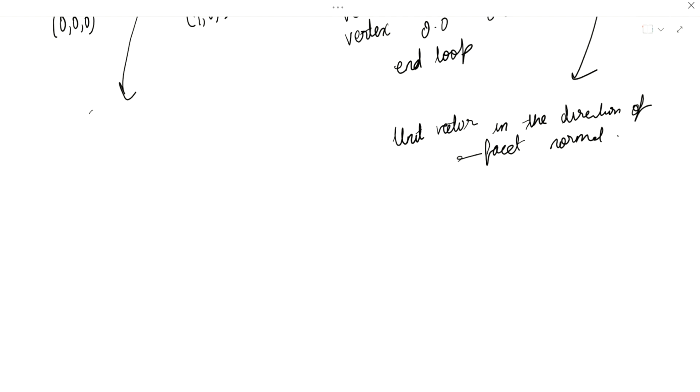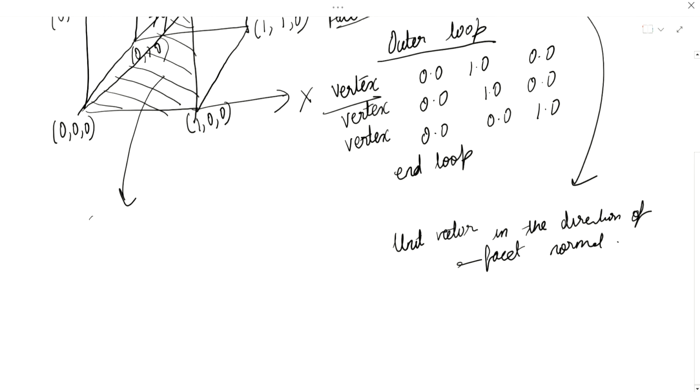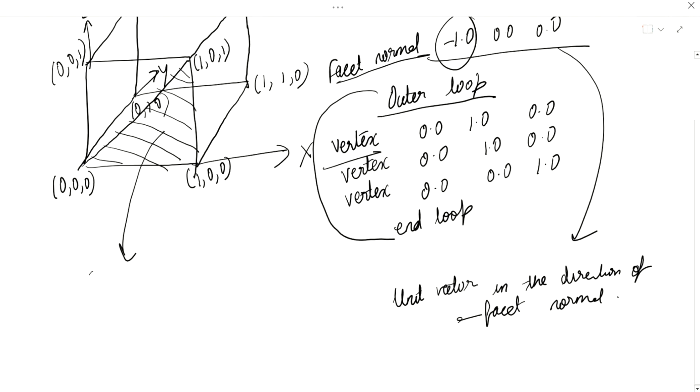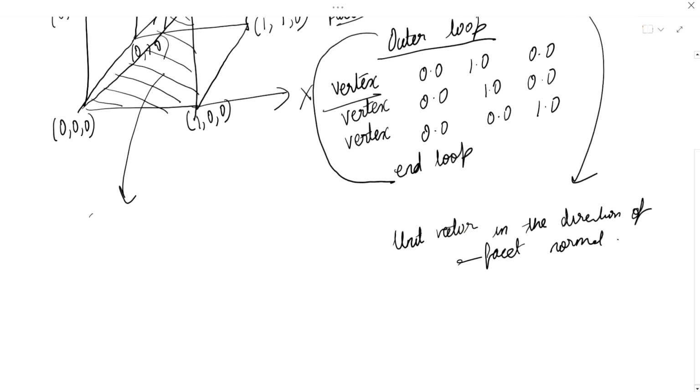So the group of three vertices defining the triangle is between outer loop and the end loop. And these vertices of the triangle are listed in a counterclockwise manner by using the right hand rule, by which we can find the direction of the facet normal.